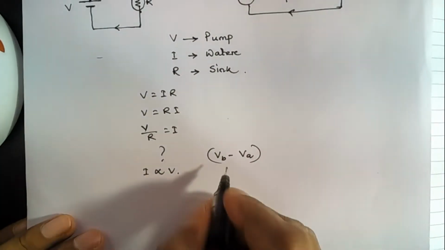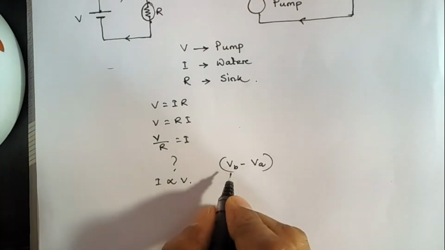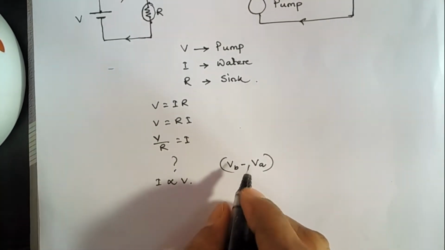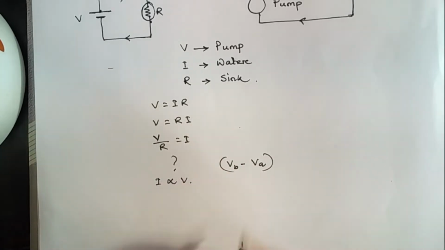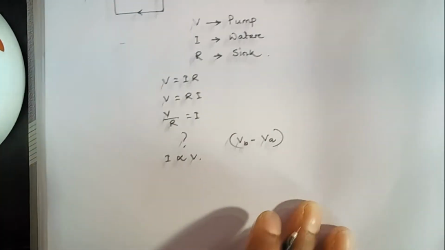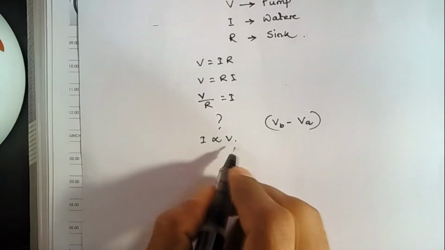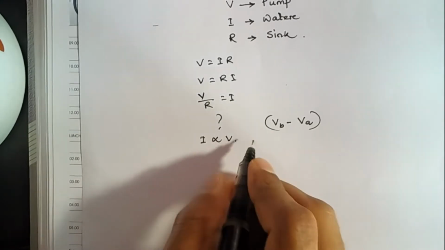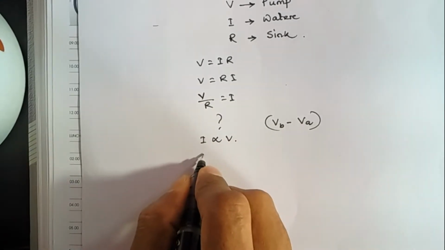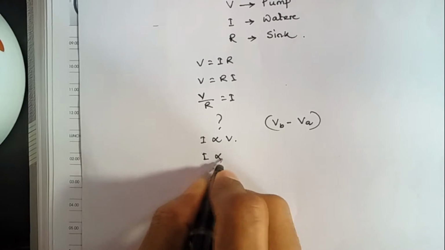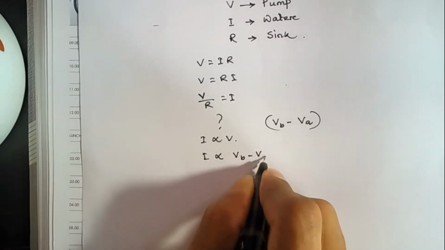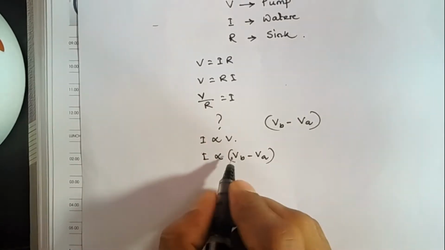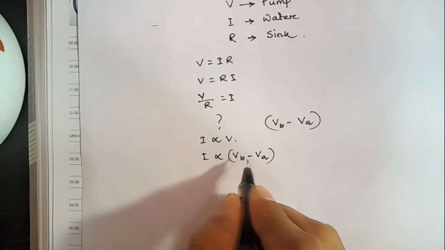According to Ohm's law, the current is proportional to the voltage, or the current is proportional to the potential difference between 2 points. So here I is proportional to VB minus VA, or we could say I is proportional to V. The potential difference between VB and VA is V.